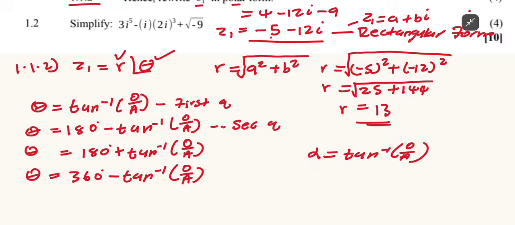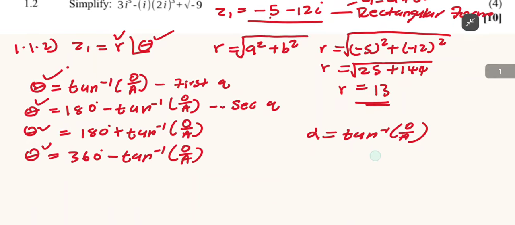Now we have to identify which one we would use. If you represent z, minus 5 is in this direction, you go to this direction, and minus 12, you go down, as you can see.